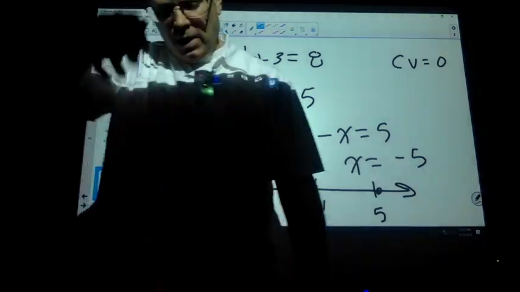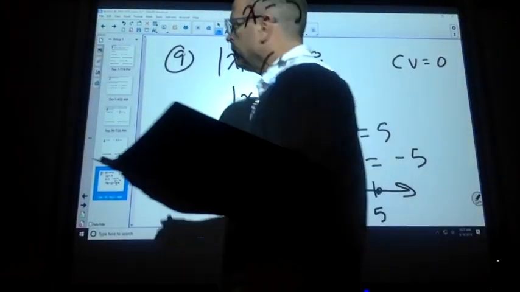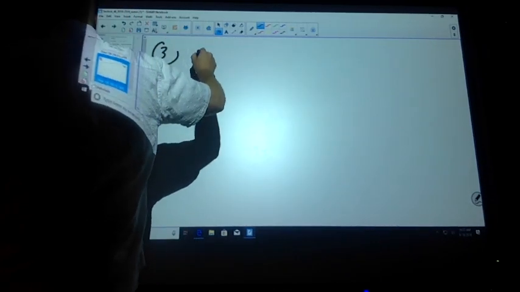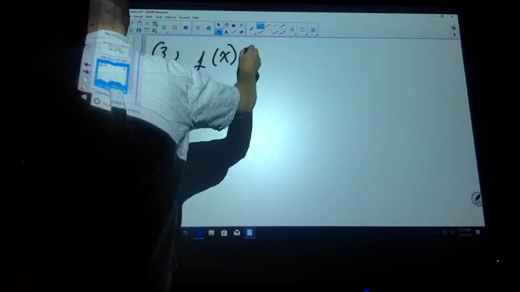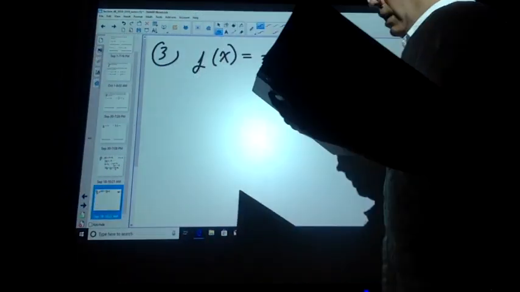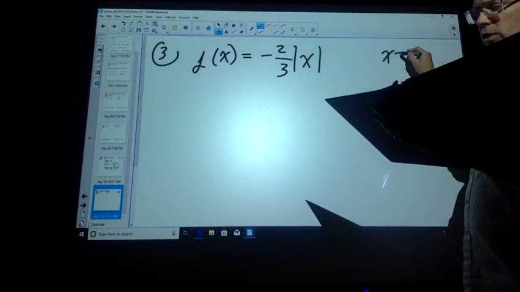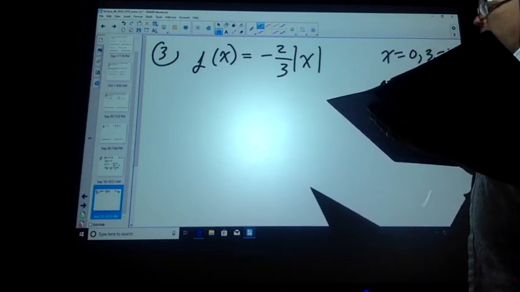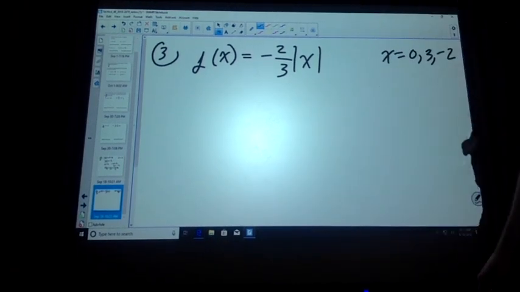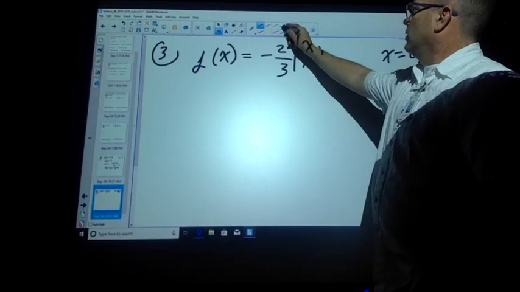3. Some of you are talking too much. That's a nice hint. Number 3, we have the function f of x is equal to negative 2/3 absolute value of x. And then we want to evaluate when x equals 0, 3, and negative 2. Include the substitution step. All I would do is this.